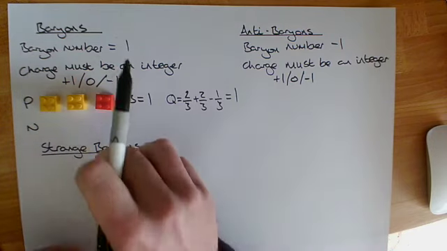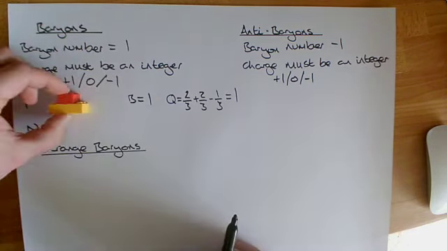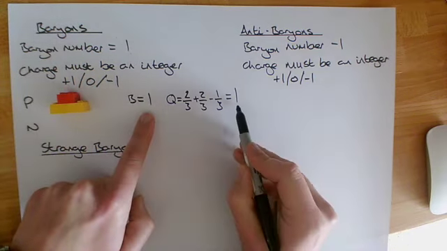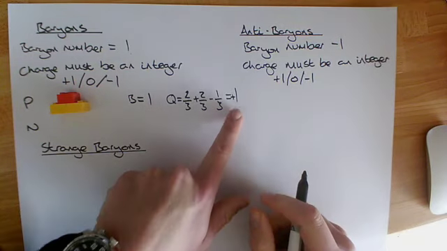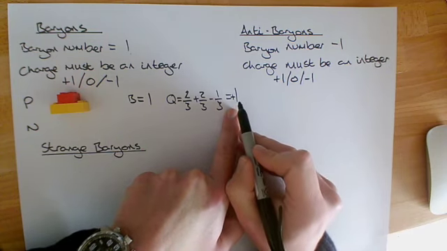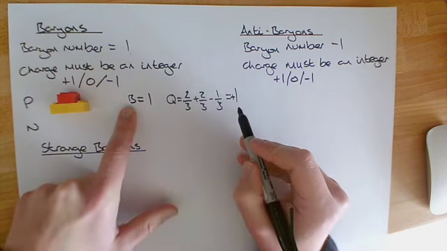Okay, so these 3 quarks here satisfy the conditions for a proton. It's got a baryon number of 1, which meets our rule there, and it's got an integer charge of +1. I'll make that a plus there just so it's nice and clear. Okay, so that satisfies the criteria that we need for this being a baryon and for being a proton. It's got a positive charge of 1 and a baryon number of 1.